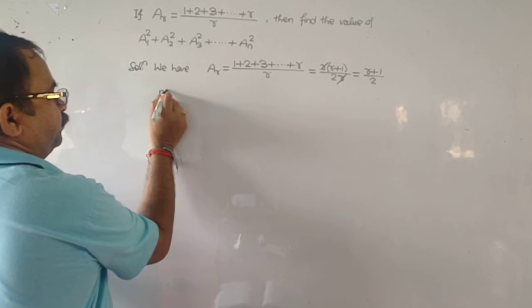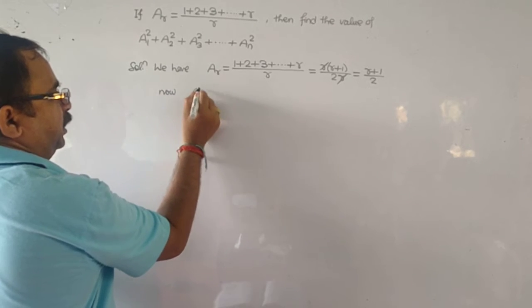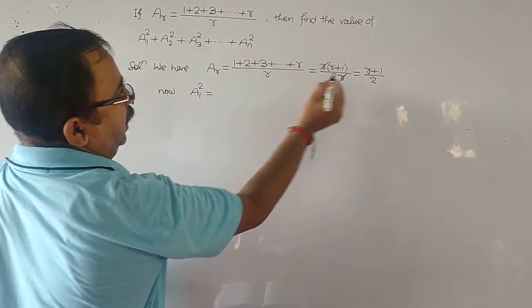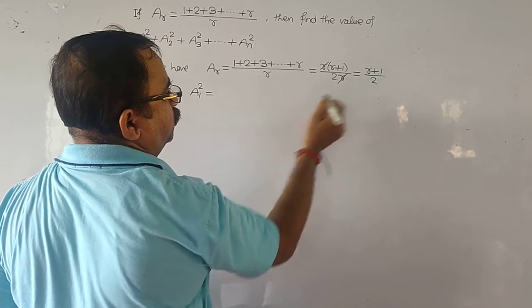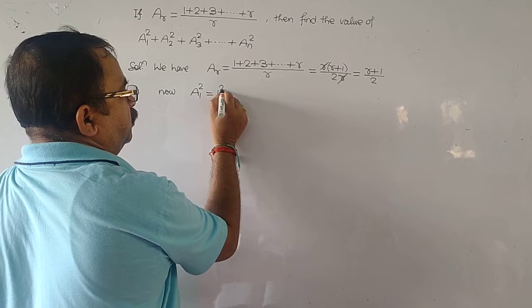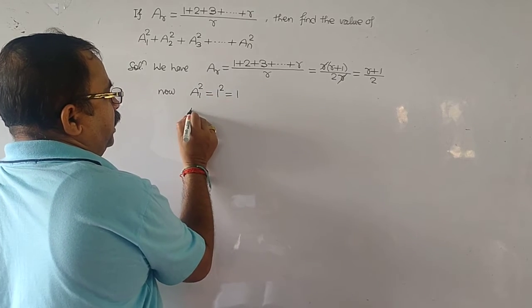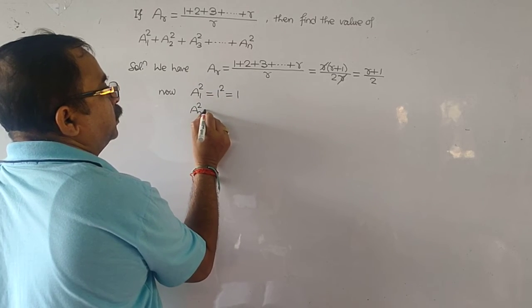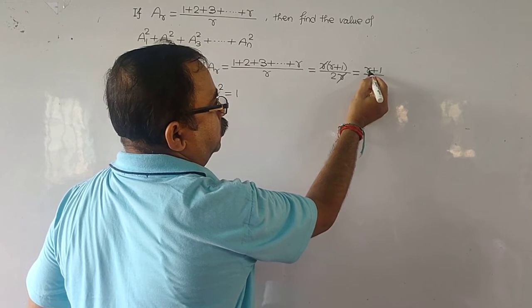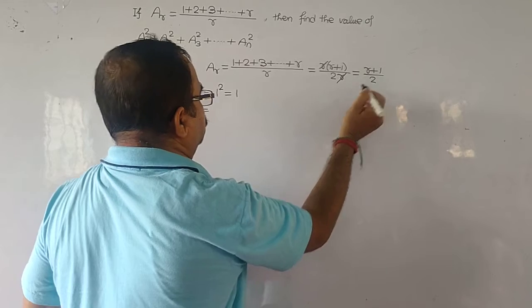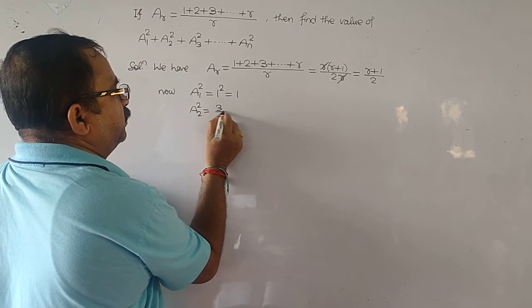Now A1 square, putting the value of R equal to 1: 1 plus 1, 2 by 2, that is 1 square. A2 square, substitute the value of R: 2 plus 1, 3 by 2, whole square.